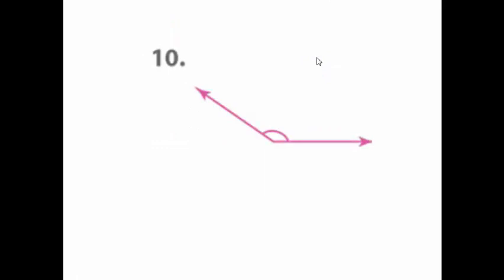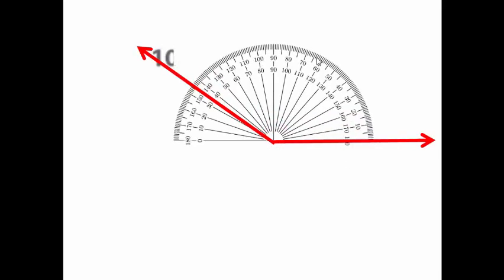We have here the last example of our today's quick session. We have this angle, and we'll start to measure. I will place my protractor again, and we'll see here the intersection. I put it here on the center. Then here I have the 0, and start to count from the first ray until we reach the second ray.